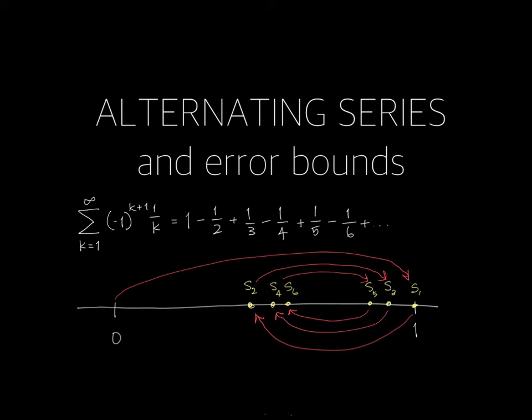You assemble that into a sentence and you say, my approximation is within the error bound of the actual value. That's what the relationship is between the finite sum that you're using when we're looking at these partial sums and the error bound that we are trying to search for here.